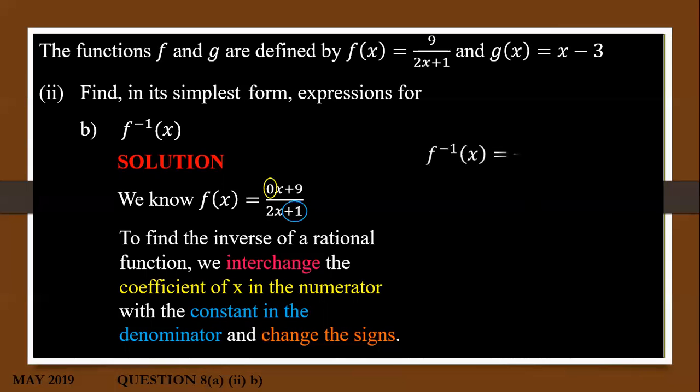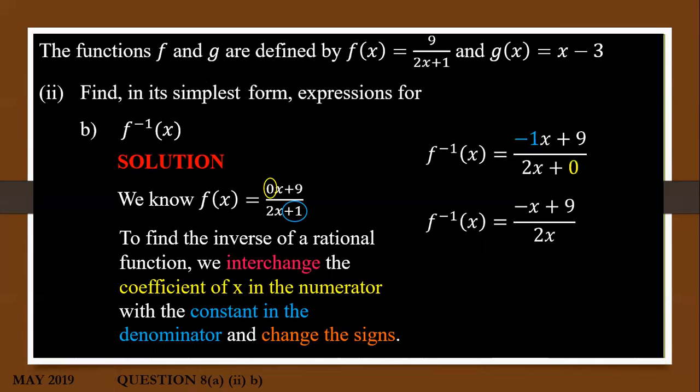Which gives me the inverse function f⁻¹(x) is -1x + 9 all divided by 2x + 0, which we can rewrite as the inverse function f⁻¹(x) is -x + 9 all divided by 2x.